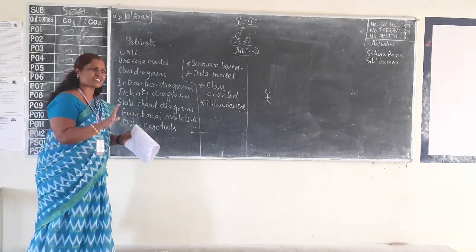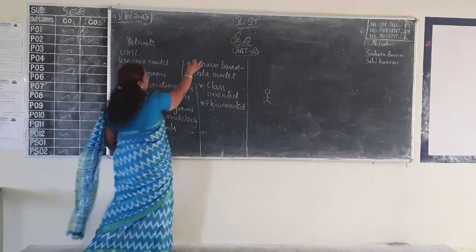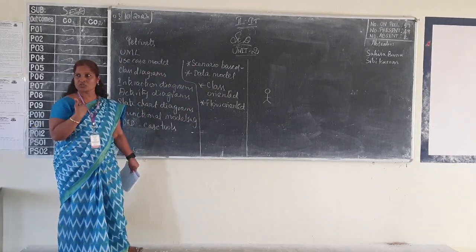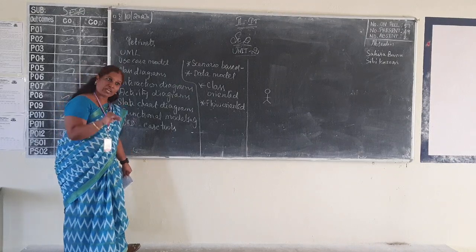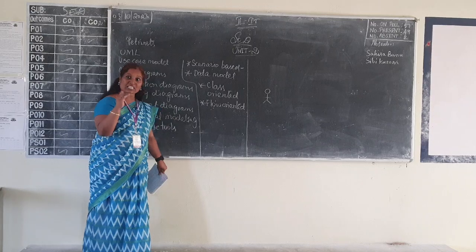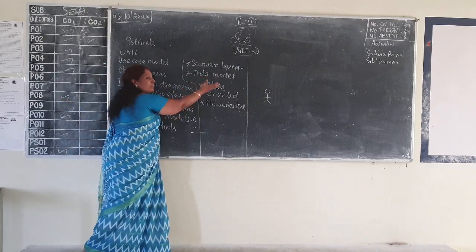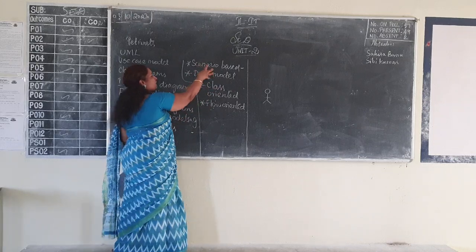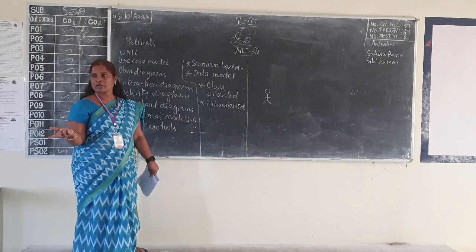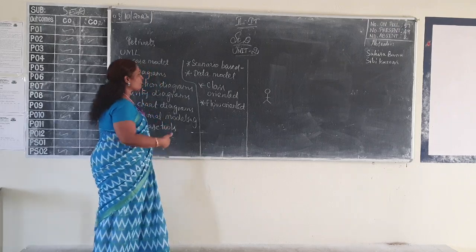Suppose I am using a class oriented model where there will be an activity, and the activity is based on some particular actor, and there will be a lot of data used there. Everything could be brought inside this class oriented model. Clear? We will be discussing each and every model type one by one.